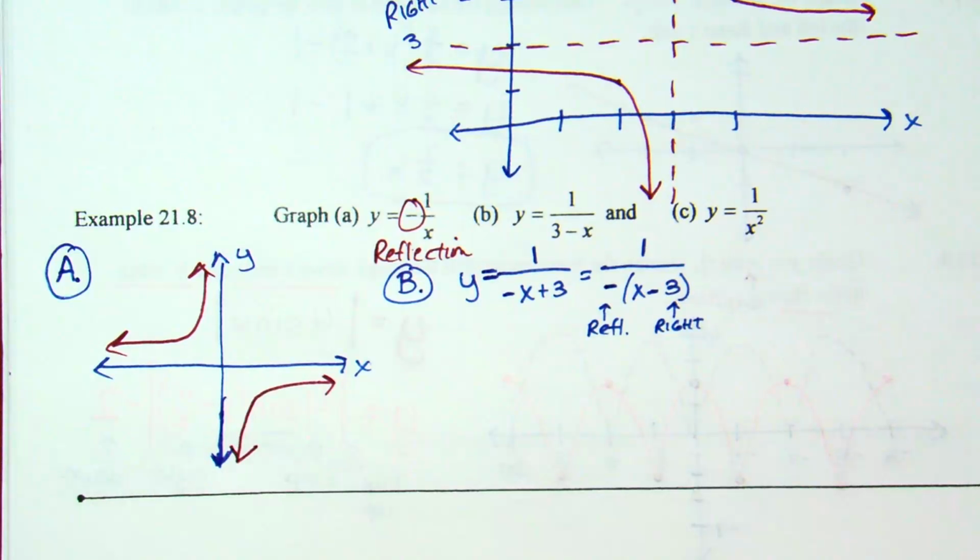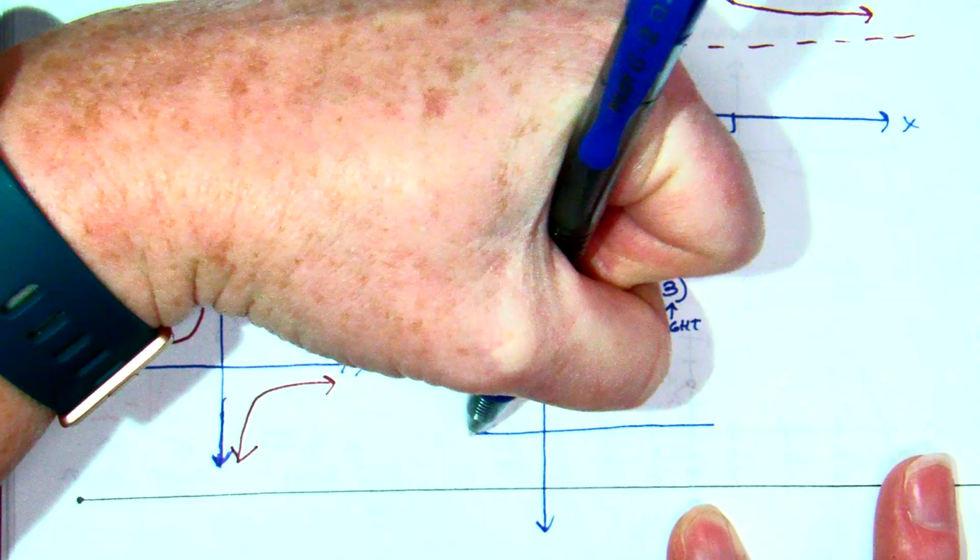Did you graph it? We're going to go right 3. Basically, that means our vertical asymptote is now at right 3. And what does the reflection have us do?